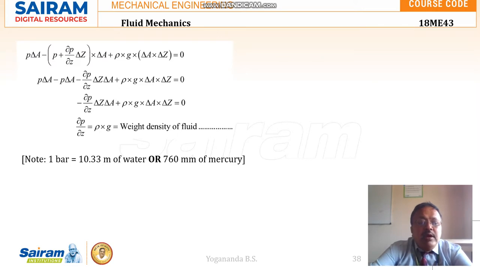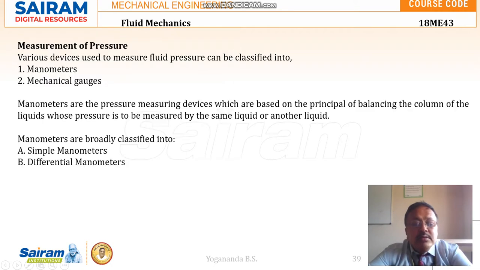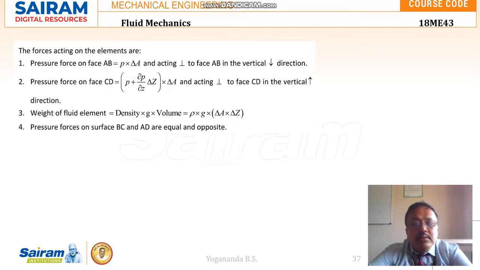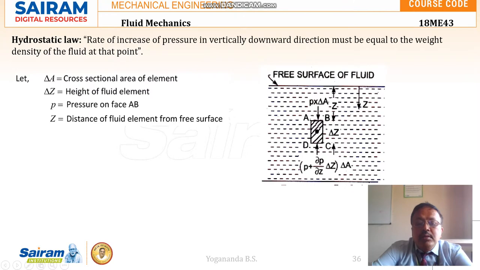Now, considering all the forces acting on the fluid element, to keep the fluid element in equilibrium, we take the summation of all the forces and equate it to 0. P delta A is the force acting in the downward direction, and P plus del P by del Z of dz dA is acting in the upward direction.